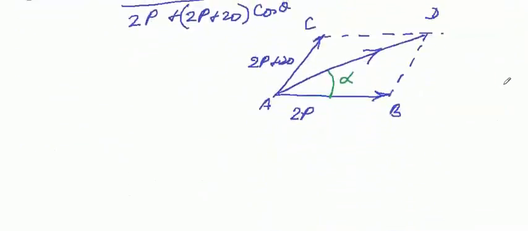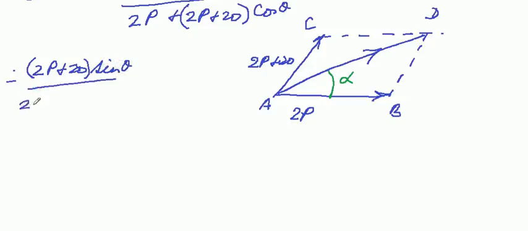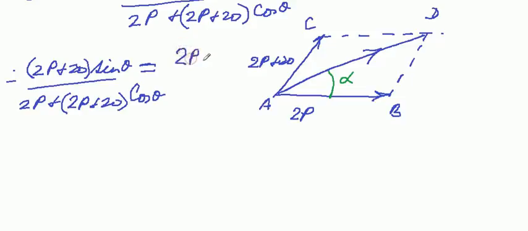So therefore (2P plus 20) sin theta upon 2P plus (2P plus 20) cos theta is equal to the first result, 2P sin theta upon P plus 2P cos theta.